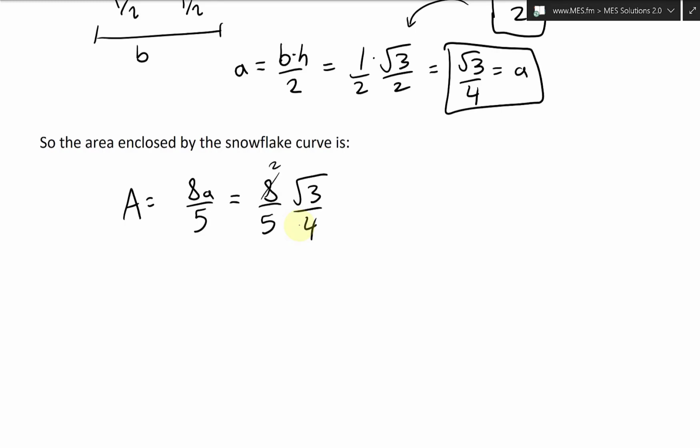This cancels, being a 2, this cancels. And we're left with equals 2 square root 3 over 5. Absolutely amazing. So we were able to solve the area of an infinitely long snowflake curve.